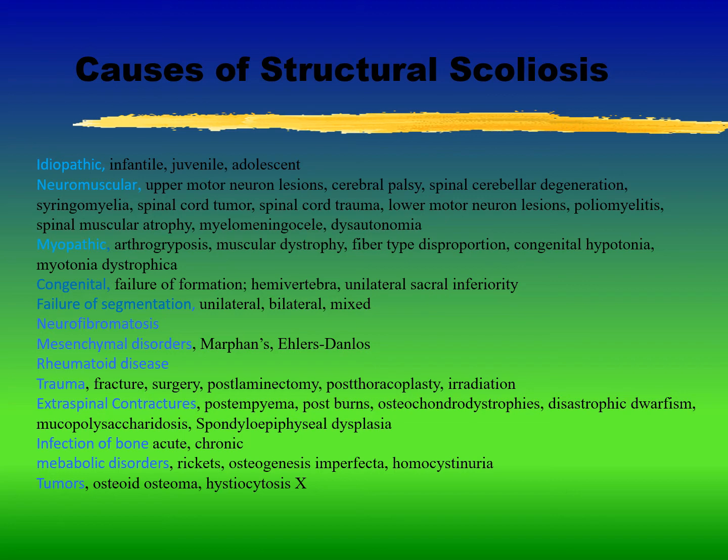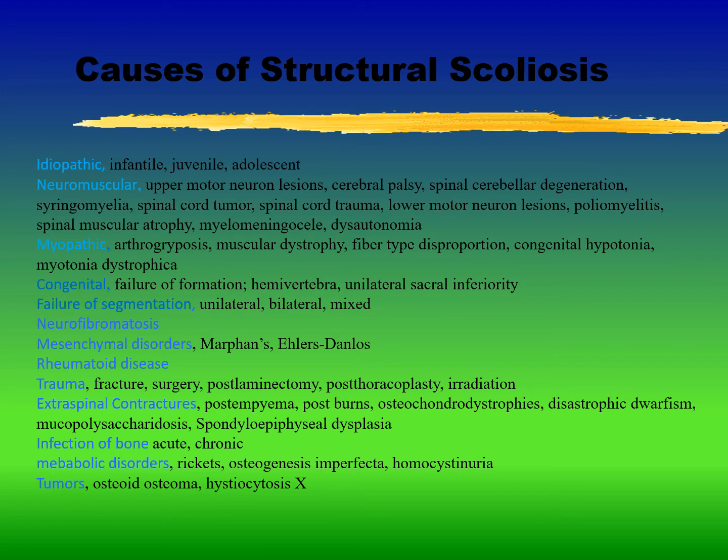Okay. Going down the list here, we have myopathic, we have congenital, which can kind of go up towards our idiopathic, but it could be from more of a structural cause to the scoliosis, with failure of segmentation, hemivertebrae, unilateral sacral inferiority, where the sacrum is a very malformed segment oftentimes. We see a lot of congenital anomalies at the sacrum.